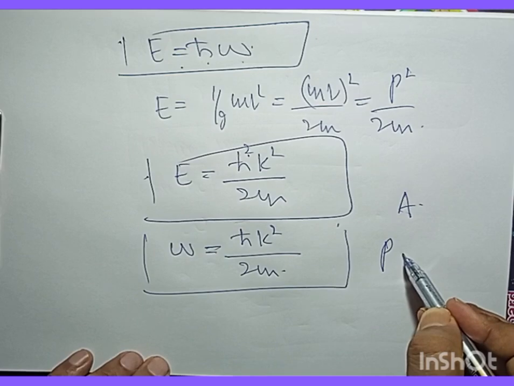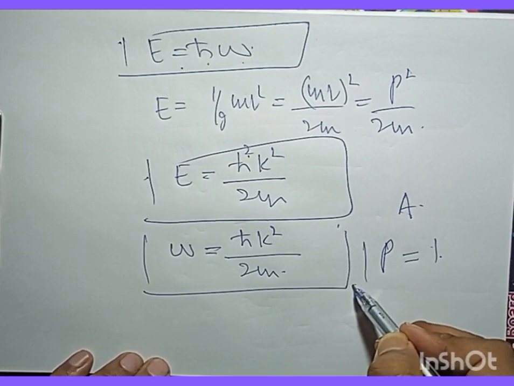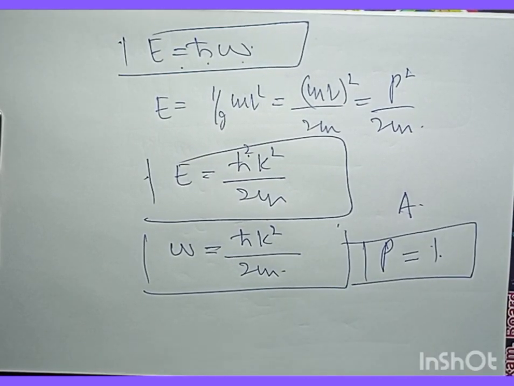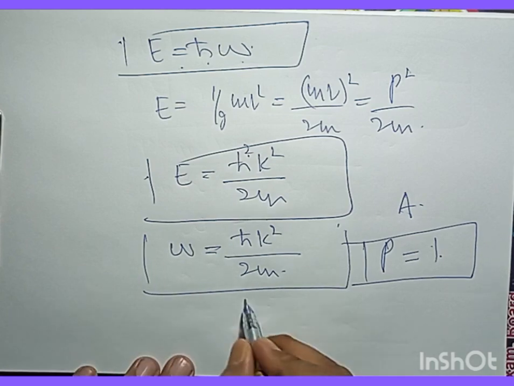So if P is the probability over the entire space that this particle may be present in, this must be equal to 1. And for plane waves, which are not normalizable over all space, we often use the concept called box normalization.